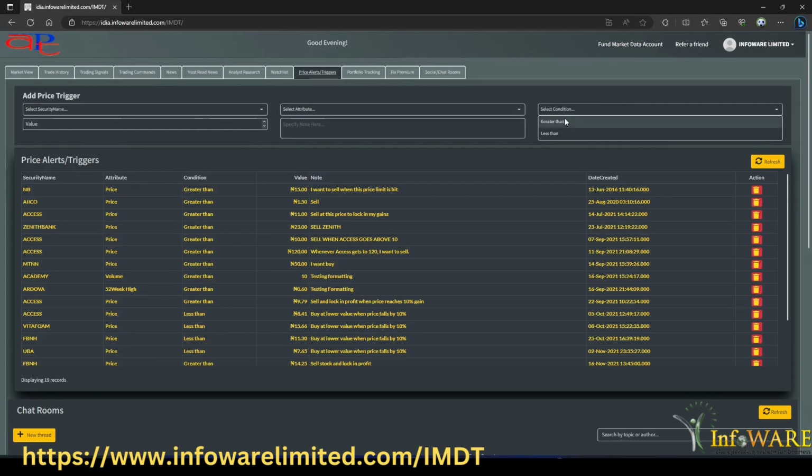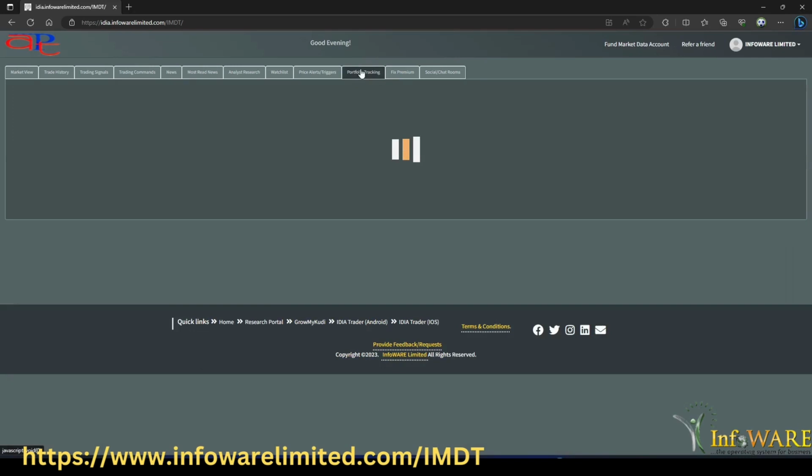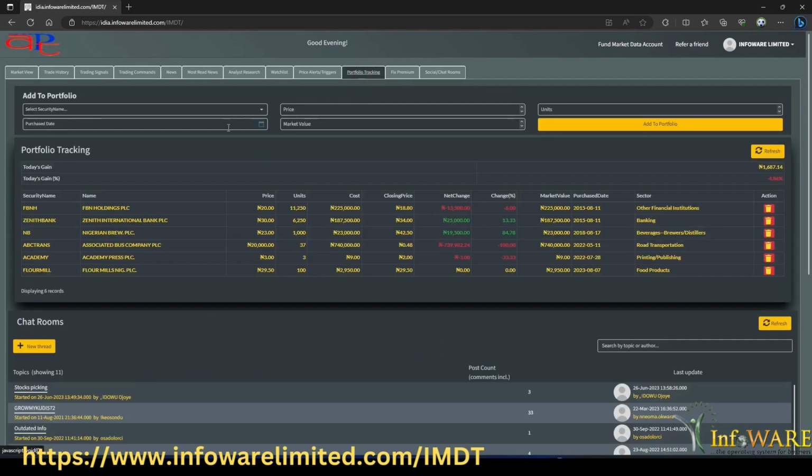You select the condition, whether it's greater than or less than, and you can include a note for yourself. It could be I want to buy, I want to sell, or anything you might want. Usually, whenever I make a buy, I give myself an exit point by setting a price trigger for the price I'd like to exit at, so I can lock in some gains.